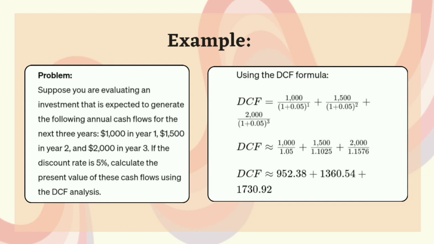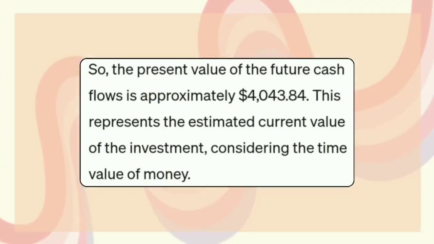And to get the answer, you will divide it and you can come up with 952.38 plus 1,360.54 plus 1,727.68. Therefore, the present value of the future cash flows is approximately $4,040.60, and this represents the estimated current value of the investment considering the time value of money.